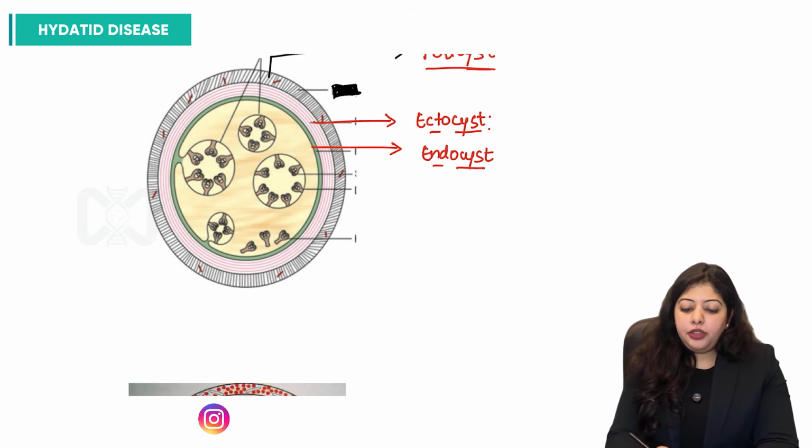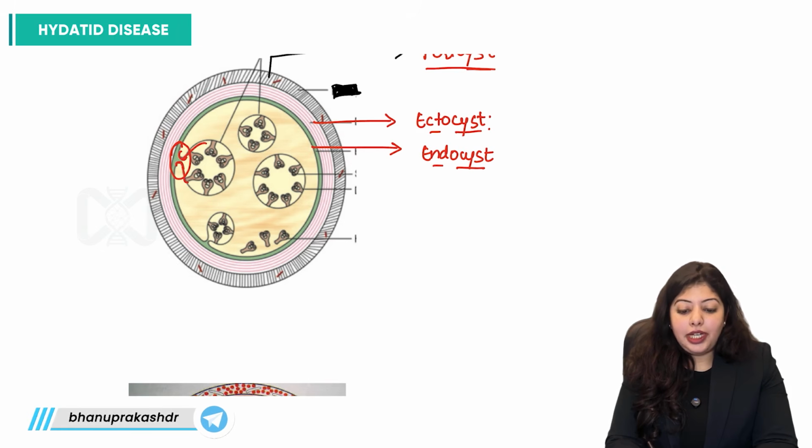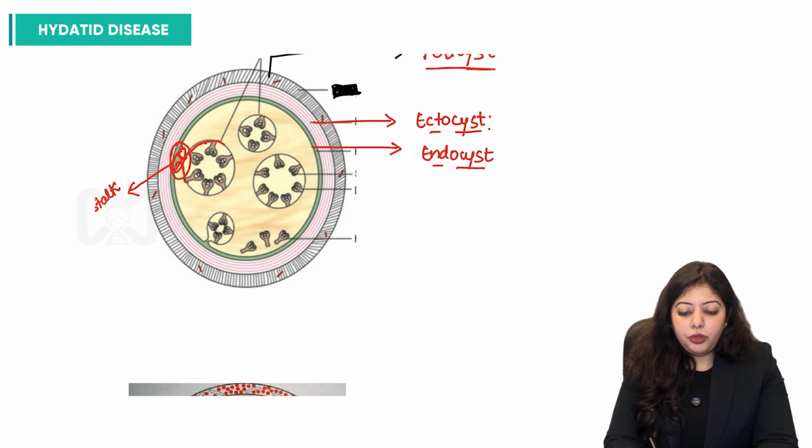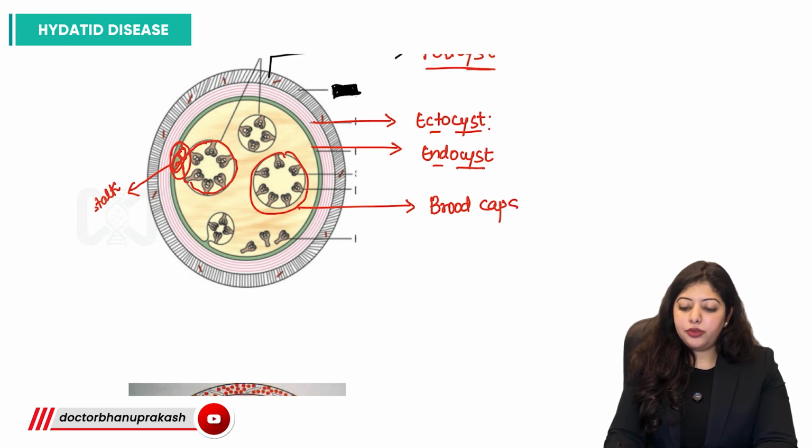Endocyst. Now can you appreciate this green, round structure that is connected to this endocyst layer, right? So this area is definitely going to be called the stalk. And these internal globular structures, these multiple structures which are present, are nothing but the brood capsules, right?